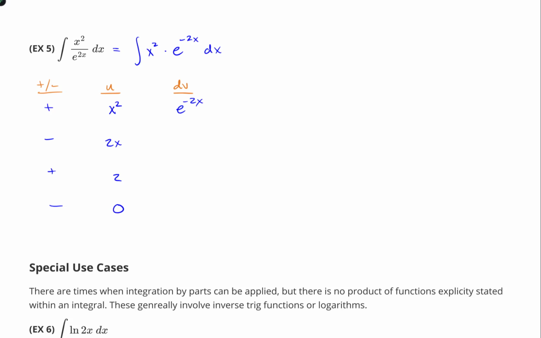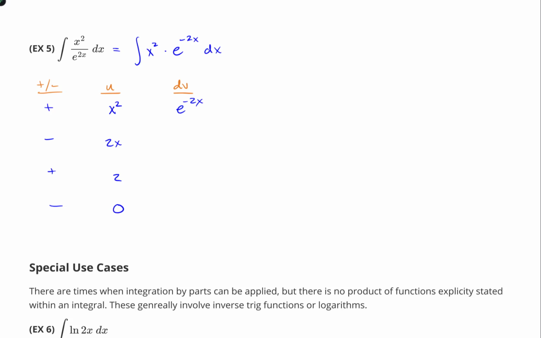And anytime you have, say, like e to the x, or just sine x, you definitely need to know how to integrate those. Those are just basic integration formulas. But if you have something more complex, like for instance e to the negative 2x, the integral is still basically itself, but it's only off by a multiplied constant. And it's definitely in your best interest in this course to learn how those multiplied constants work.